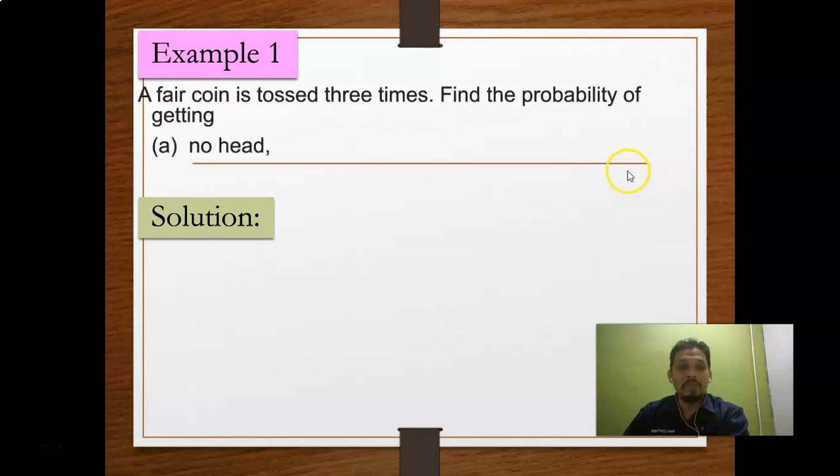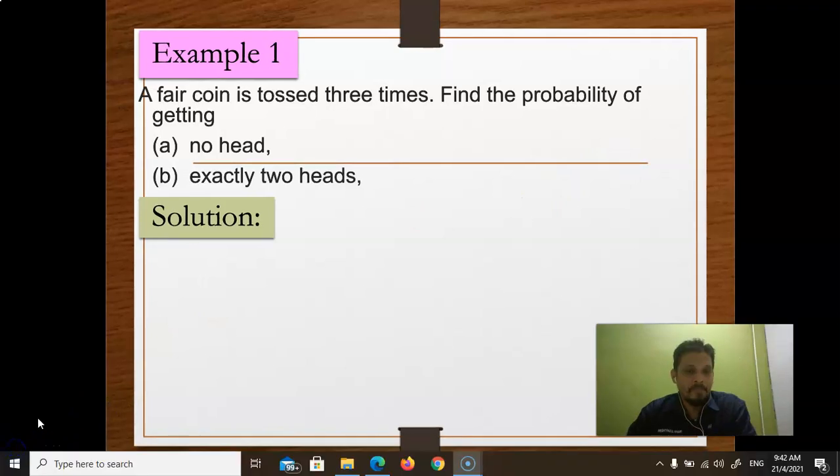Example number 1. A fair coin is tossed 3 times. Find the probability of getting no head, and exactly 2 heads. Before that, let's declare something.